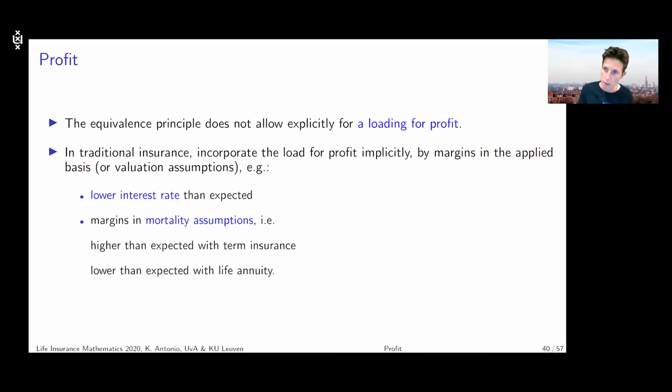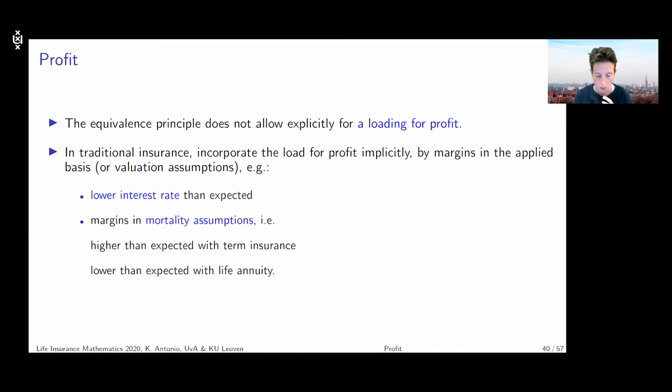So that will increase the premium. If you work the other way with a life annuity product, if you use in your valuation basis a lower than expected mortality assumption, then again the premium will increase, because then you expect to pay out the life annuity benefits for a longer time, and that will have an increasing effect on the premium.